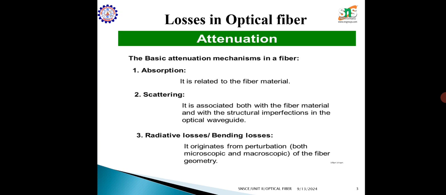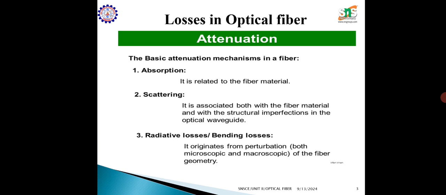And the third one is the radiative loss or bending loss. Here we have two types of losses, macroscopic bend and microscopic bend. Macroscopic bend is where the radius of the core is large compared to the fiber diameter. It may cause a large curvature.